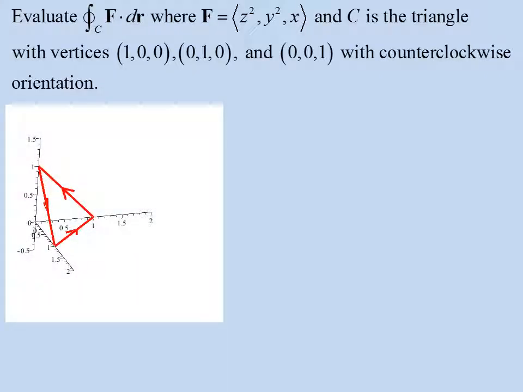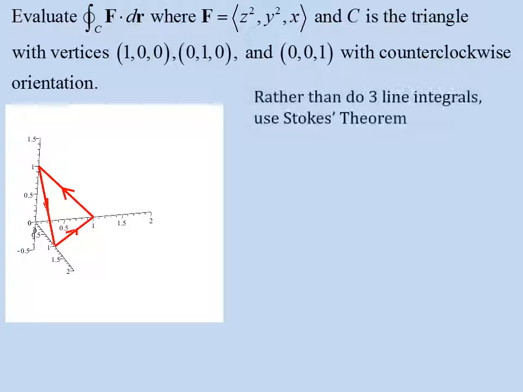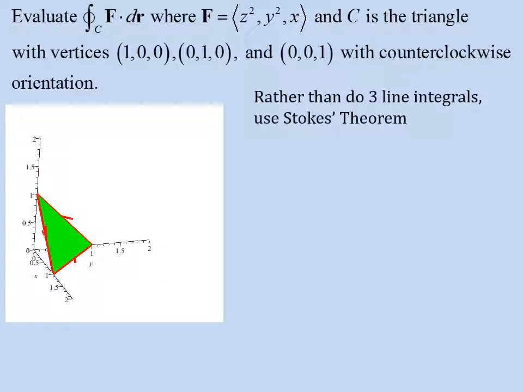Now, there is a separate video with a similar problem to this showing both ways, which is kind of like what we just did. However, we'll go ahead and use Stokes' Theorem. Instead of doing 3 different line integrals, we will do one surface integral on this surface.